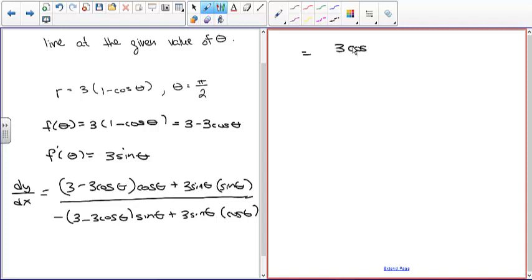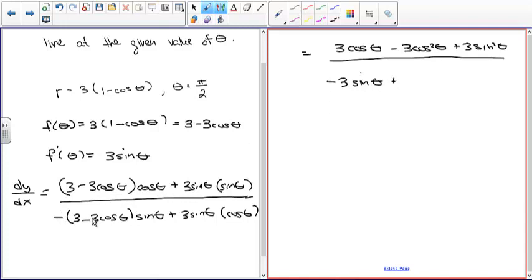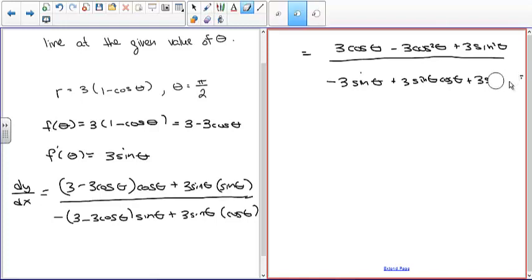So we get 3 cosine theta minus 3 cosine squared theta plus 3 sine squared theta, all divided by negative 3 sine theta, plus negative times a negative is a positive, so 3 sine theta cosine theta plus 3 sine theta cosine theta. I don't think it actually simplifies. I think we just need to evaluate it.